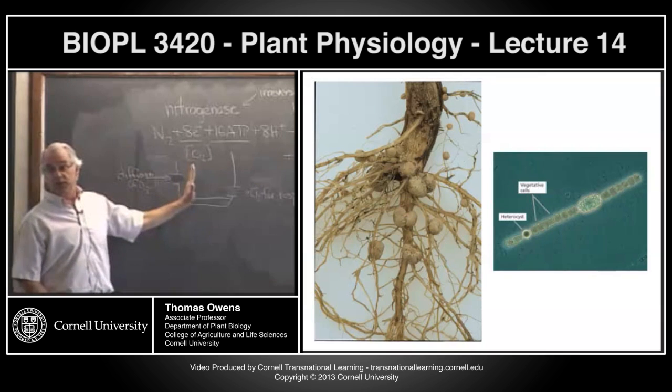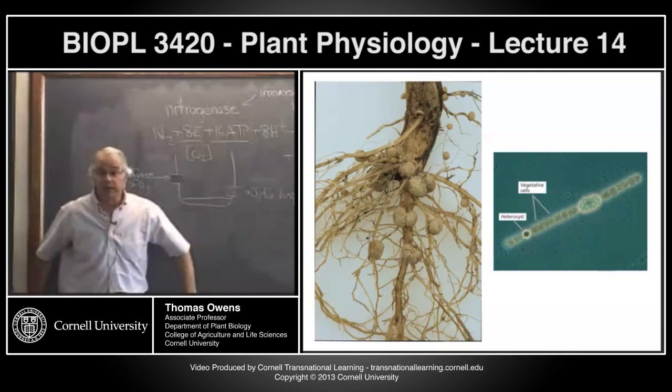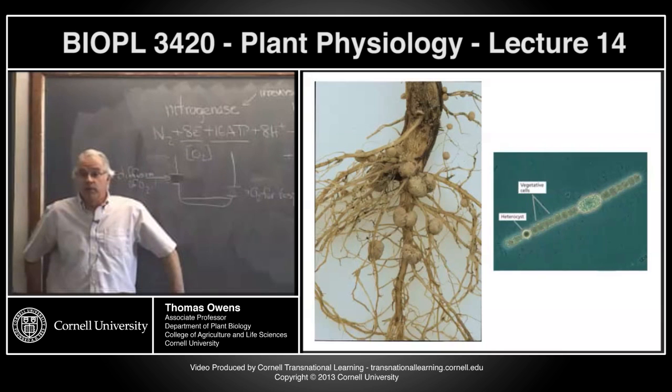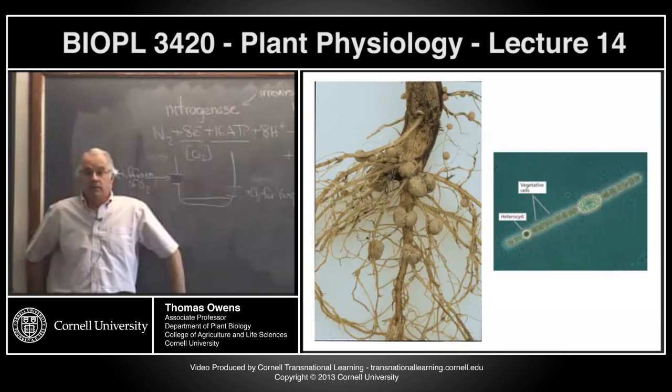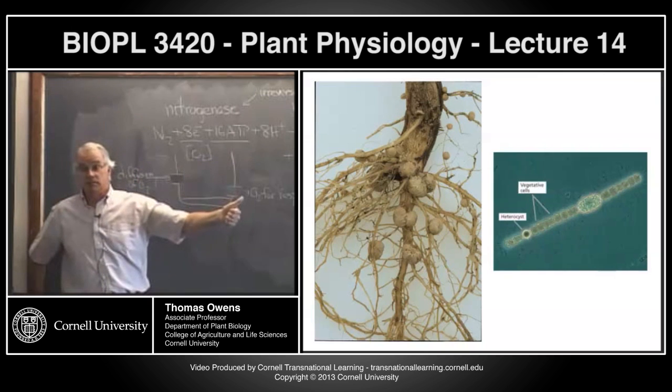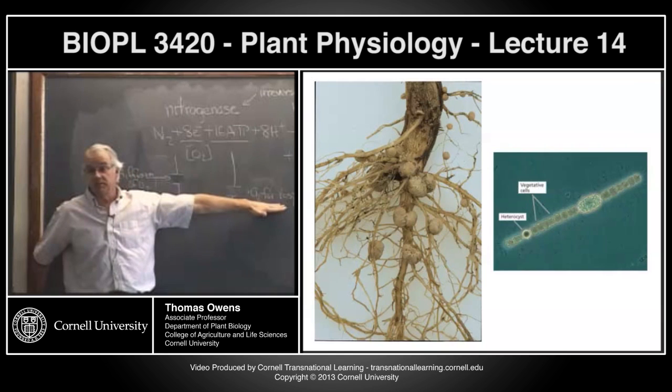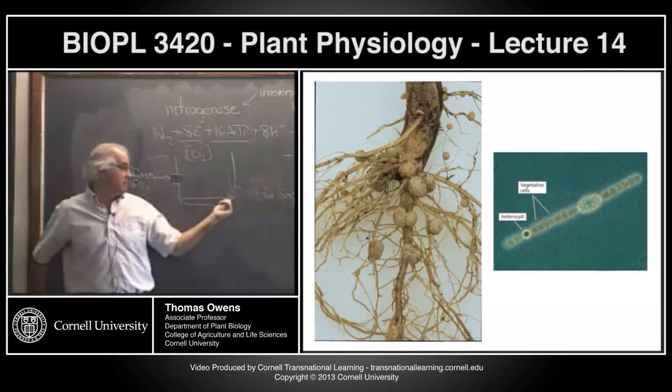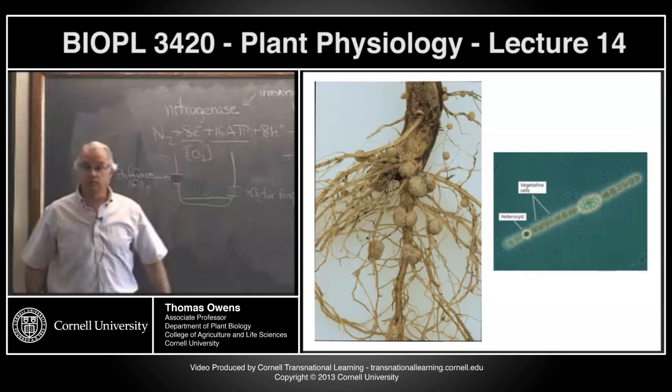It's only if it's diffusing faster than it's being used that the bucket will fill up. So it's actually not that complicated to have cells that must have high respiration rates, a big demand for oxygen, and at the same time keep the oxygen concentration low.